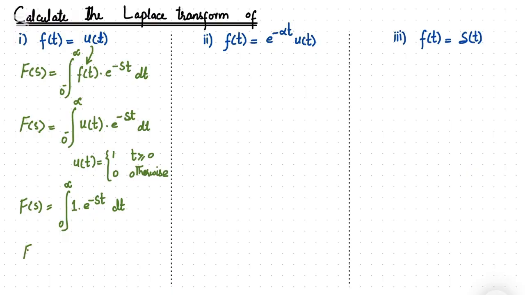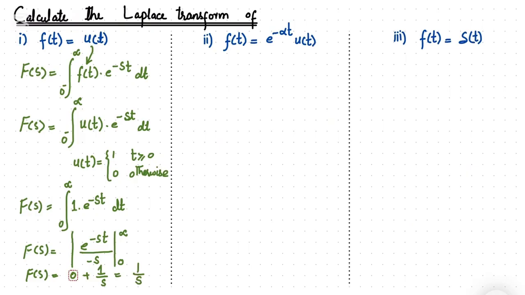What is the integration of e raised to power minus st? It is e raised to power minus st, and we need to multiply and divide by minus s. Therefore, when we substitute the limits, F of s results in e raised to power minus infinity, which is 0, minus e raised to power minus 0, which is 1, over minus s, which gives plus 1 over s.